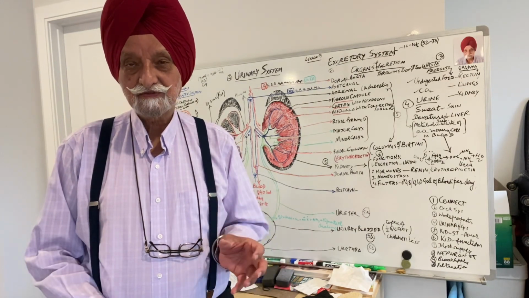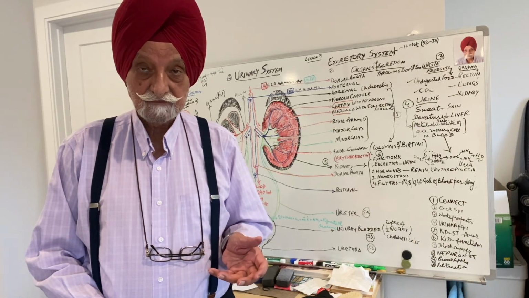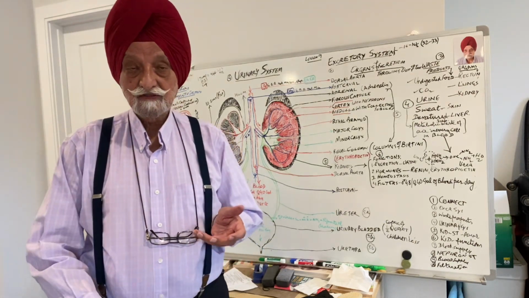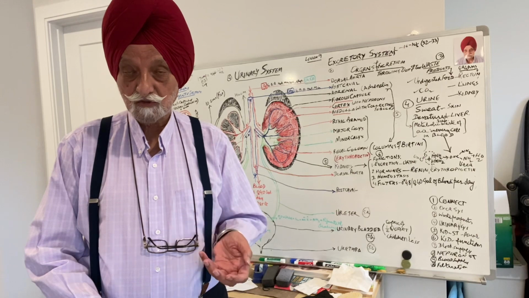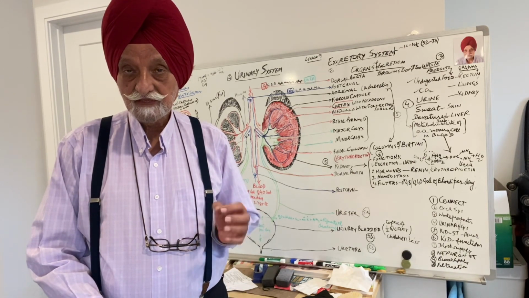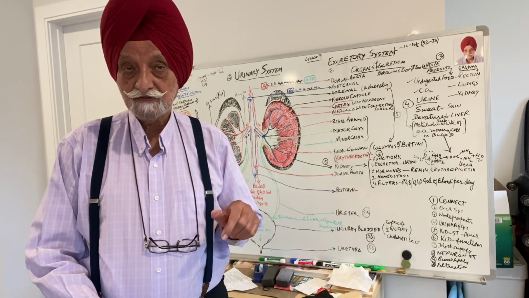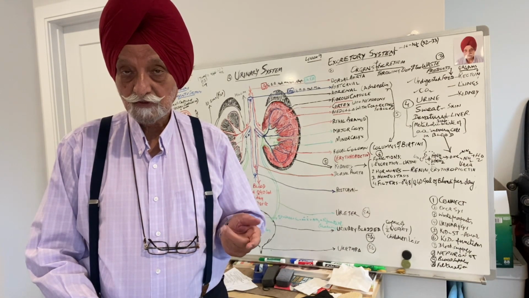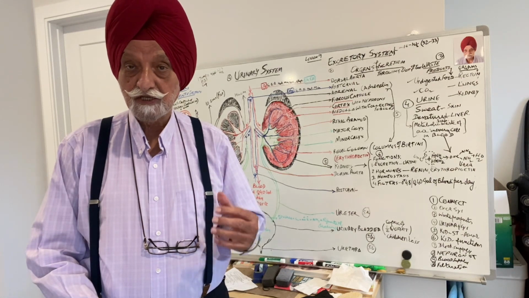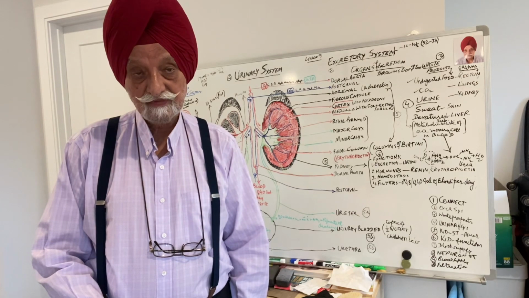In digestive system, we studied the digestion of food, and then the digested food was absorbed and brought into the blood, and this blood then went all around the body through the circulatory system so that the digested food can be distributed to all the cells of the body.